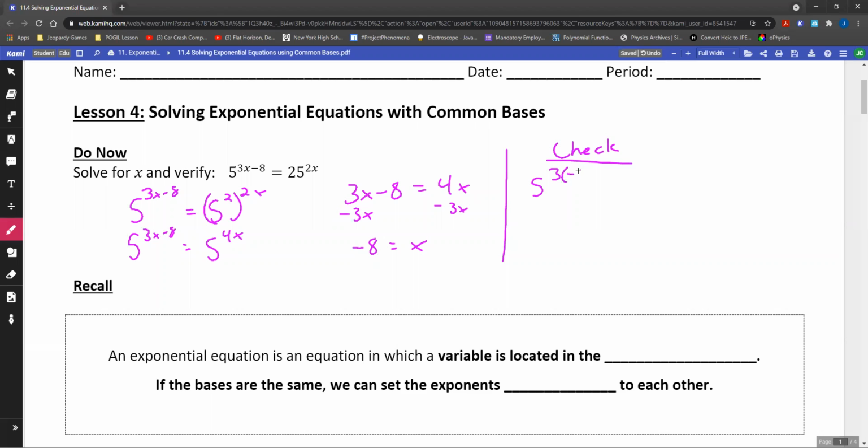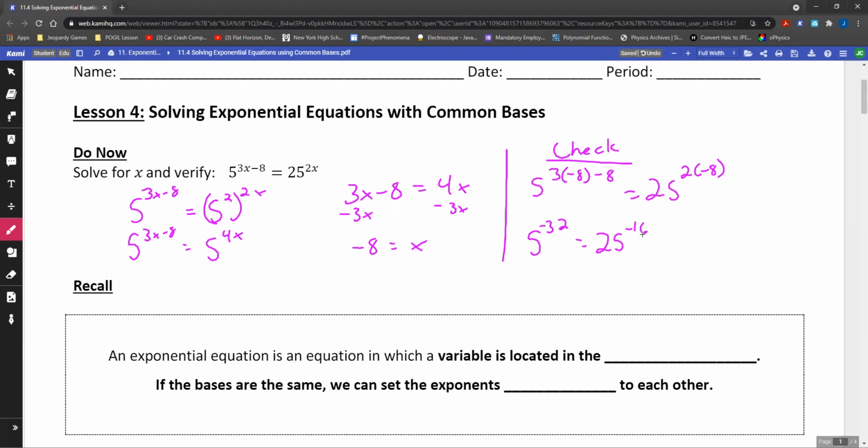3 to the negative 8 minus 8 equals 25 to the negative 8. 3 times negative 8 minus 8 is 5 to the negative 32nd, and 2 times negative 8 is negative 16.